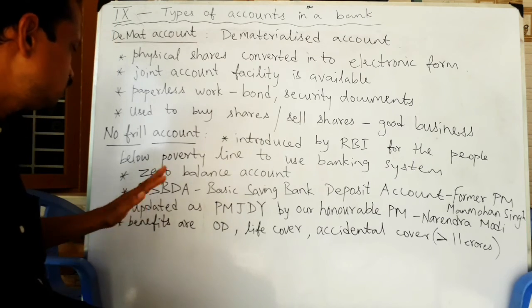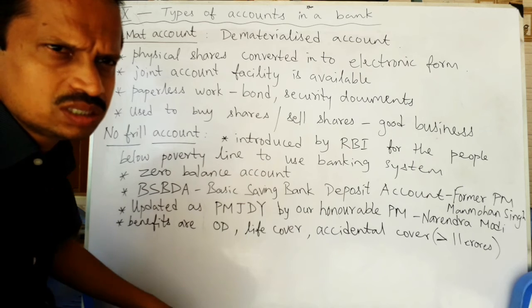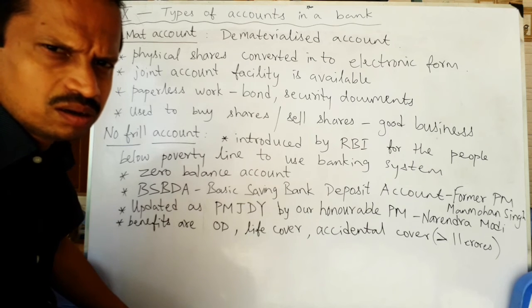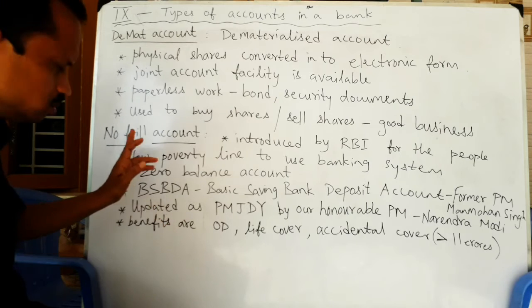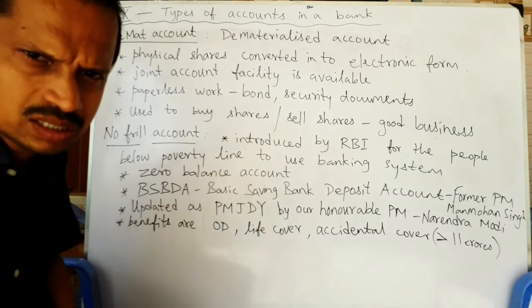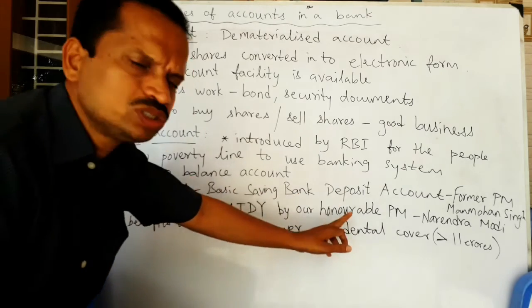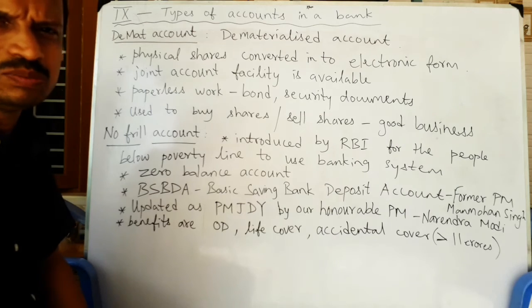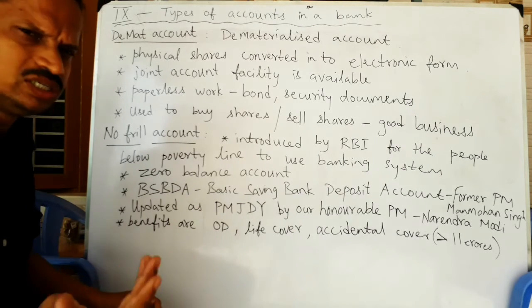And then during the period of our former Prime Minister Manmohan Singh, they named this no frill account as BSBDA. BSBDA, so Basic Savings Bank Deposit Account. That is called BSBDA. So this is kind information for you, like general knowledge.